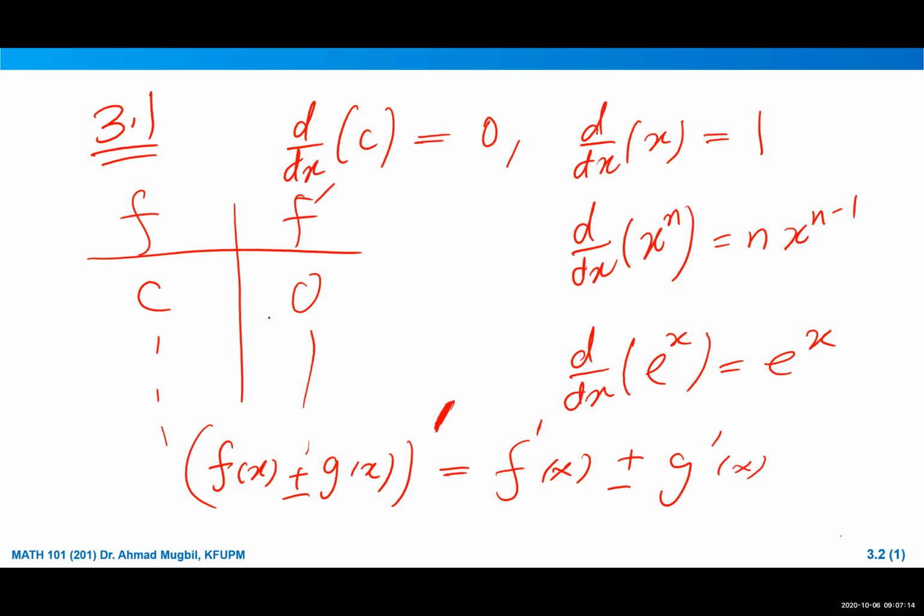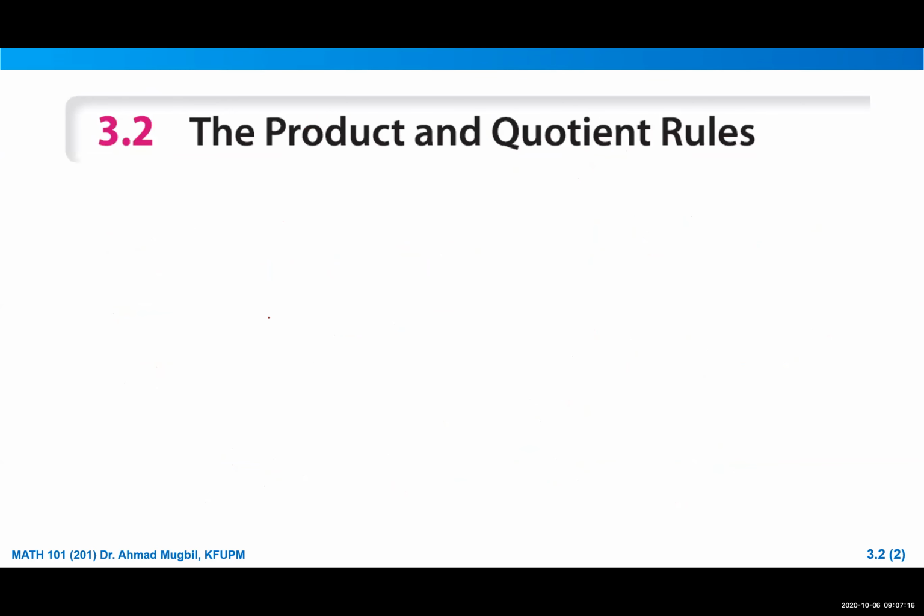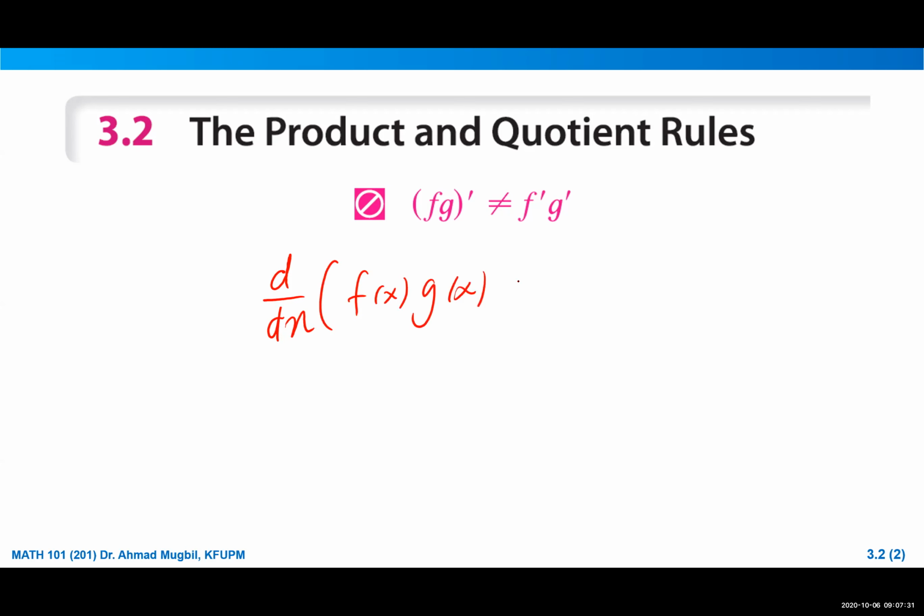So please have your own table of differentiation formulas. Now the product rule. First of all, you should notice that the derivative of the product is not the product of the derivatives, and you will see why. If you have the derivative of f of x times g of x, this is not the derivative of f times the derivative of g.